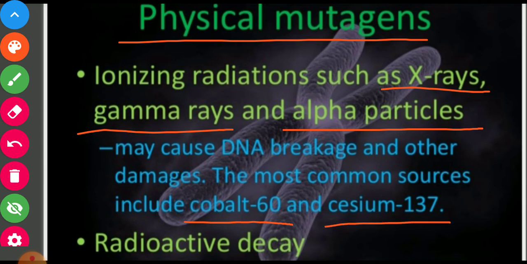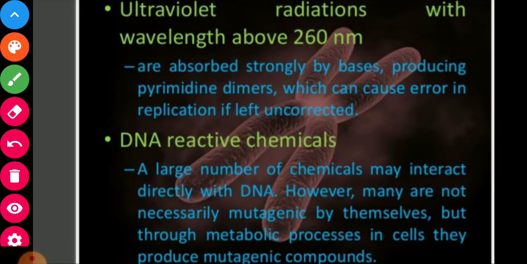Radioactive decay can also cause mutation in the cell. Ultraviolet radiations with wavelength above 260 nm can also cause mutations. And DNA-reactive chemicals can also change the sequence of the nucleotides in the DNA and cause mutations.